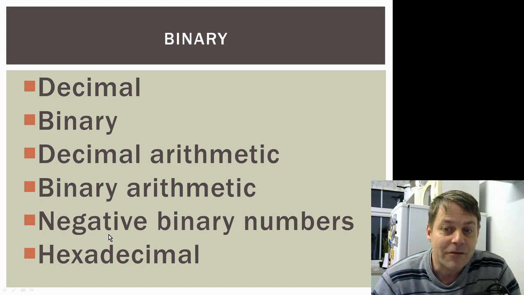Then towards the end of the video we'll look at negative binary numbers, how we can represent positive and negative values as binary numbers. And finally we'll do a little introduction to hexadecimal, but once you've learnt binary, hexadecimal is really easy. So let's get straight into it.